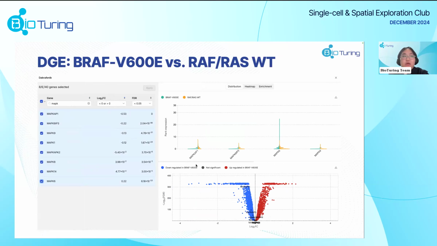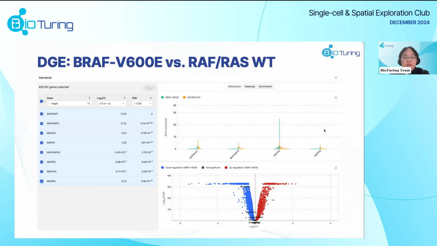Okay, and also these downregulations are all statistically significant because they have an FDR, or adjusted p-value, lower than 0.05. And up here above the volcano plot, we have the violin plot to represent the expression level, the distribution of these selected marker genes between the two groups.